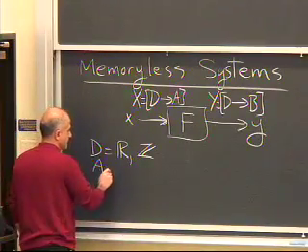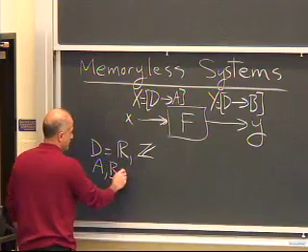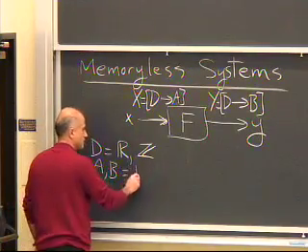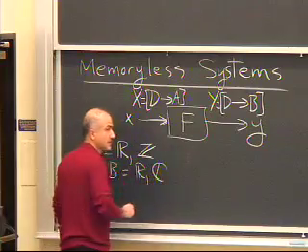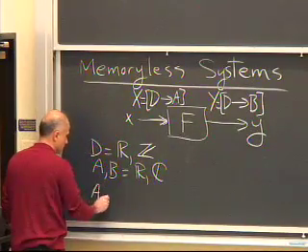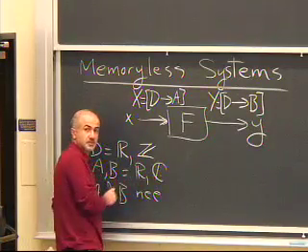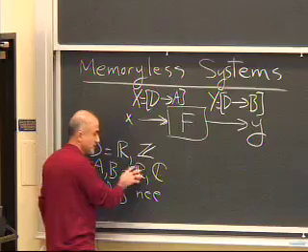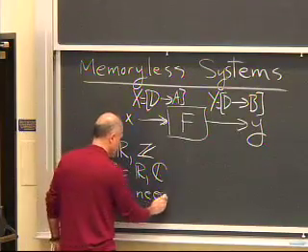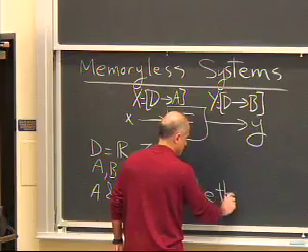And A and B typically would be reals or complex. But A and B need not be the same in this discussion. They don't even have to be real or complex. They can be any sets.